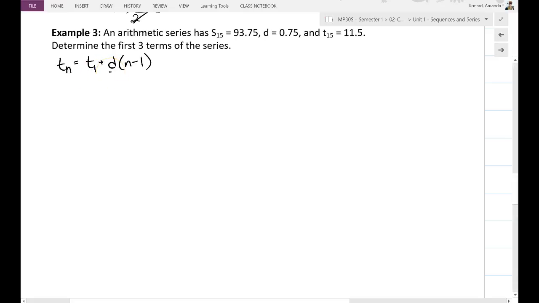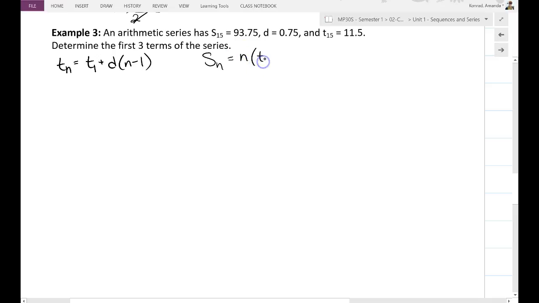Alternately, you could use our series equations and work backwards from either one of them. Just a second here, let me find those equations again.